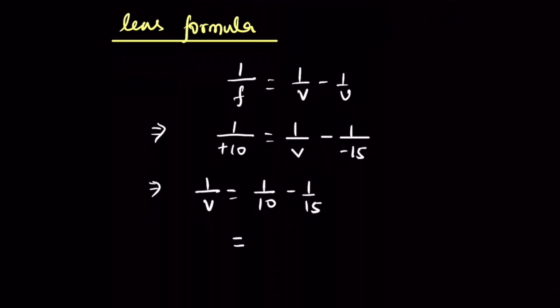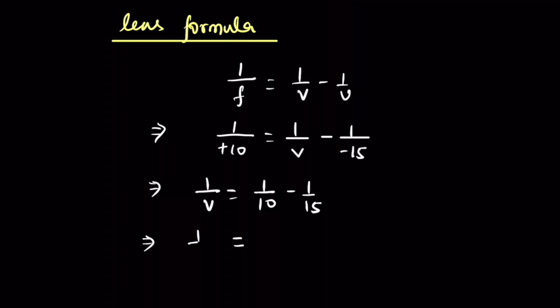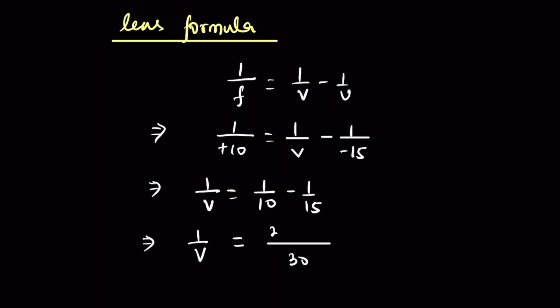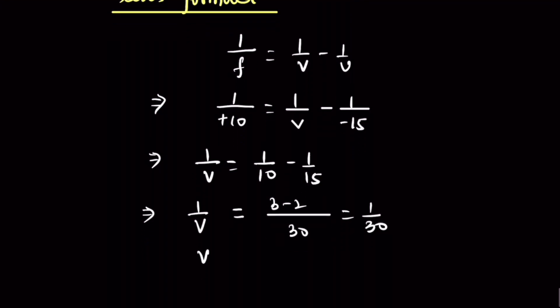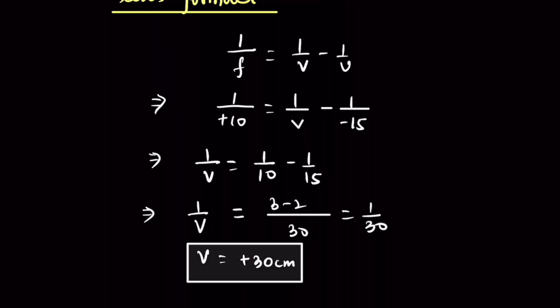By taking the LCM, 1 by 30, so V is equal to plus 30 centimeter.